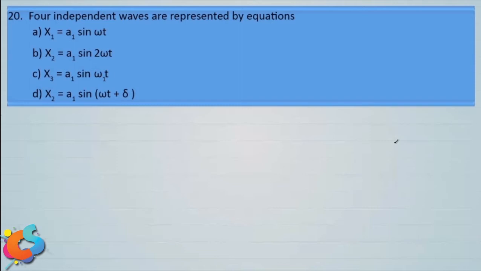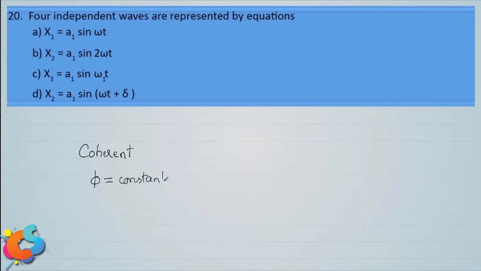Dear students, we know that interference is possible when the two sources are coherent. That is the main condition for the sustained interference pattern. In order to achieve a well-sustained interference pattern, the two sources should be coherent, and the condition for coherence is that the phase difference between the two interfering waves should be constant.